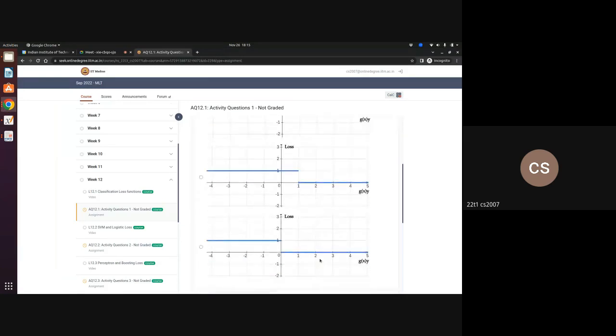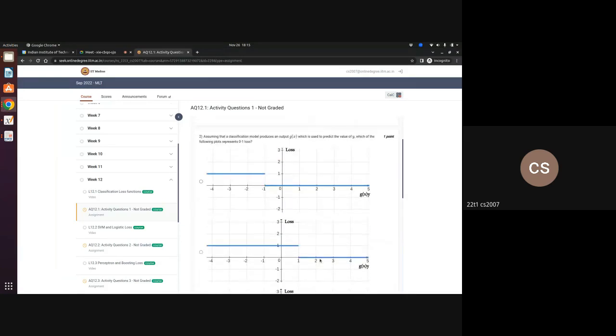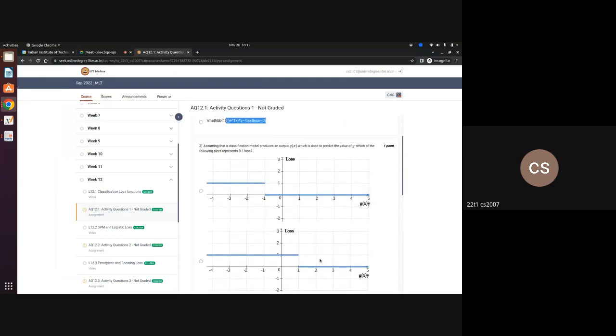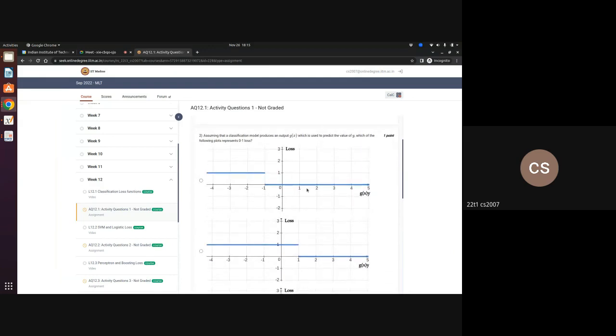Now, out of these three, we have to choose which one represents the 0-1 loss. Does the first one represent that? On the x-axis, we have g(x) into y, where g(x) is equal to w transpose x. So basically the x-axis is w transpose x into y.